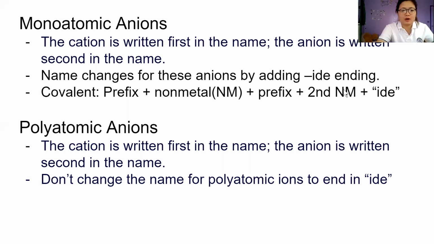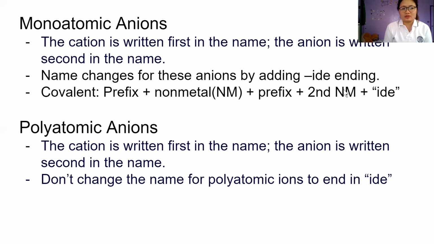And for the polyatomic anion, like the monoatomic anion, we also write the cation first in the name, and then the anion second.